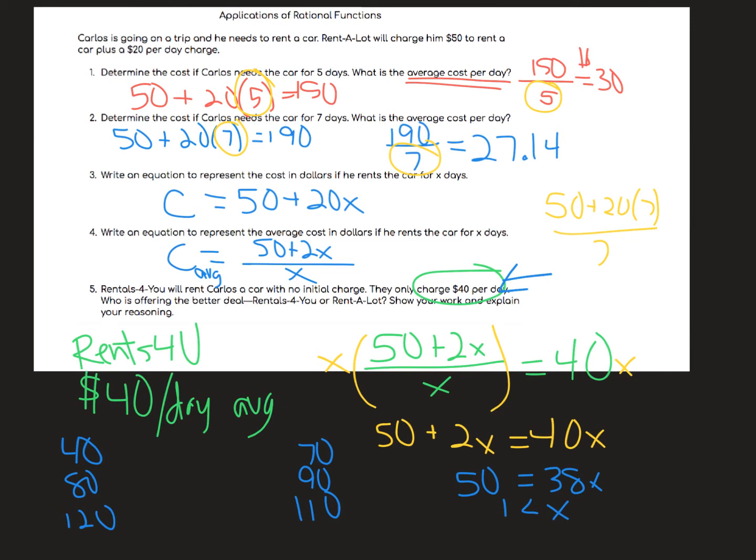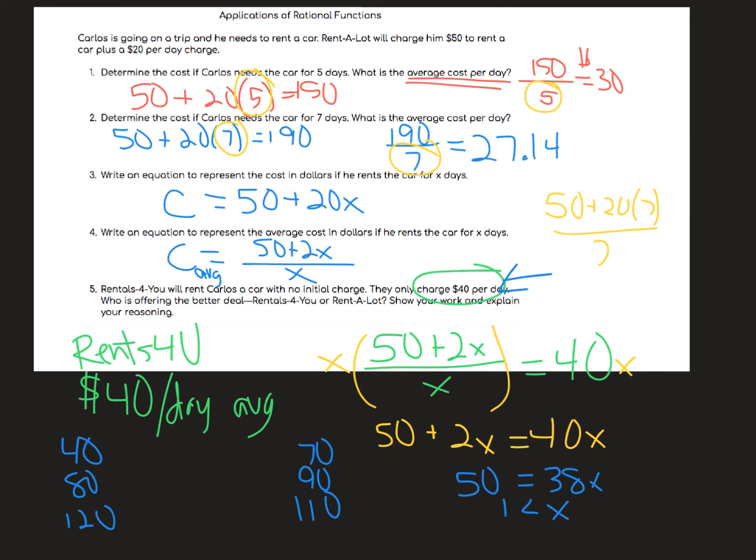Is that right? 70, 90, sorry, at the third day. So between the second and third days, Rents a Lot is going to be better. But if you only need the car for 1 day, then by all means do Rentals for You. So on your quiz, your argument is going to have to have that discussion.